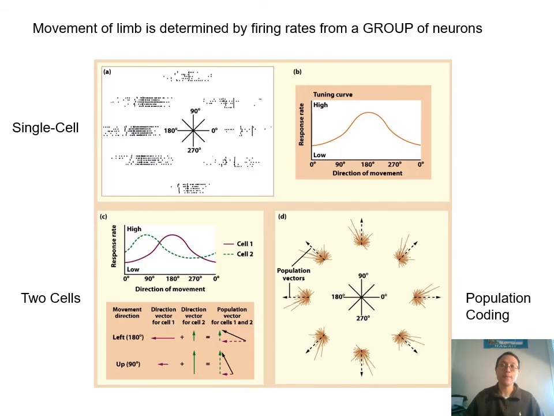So that was the response from just a single cell, as you can see. Now, if you have a bunch of cells that are firing together, then what you're looking at is population coding. Population coding is when you're looking at many cells, as we said in the previous slide.